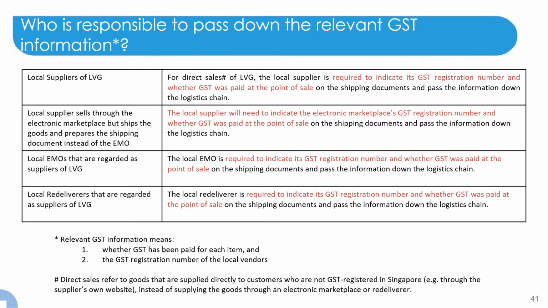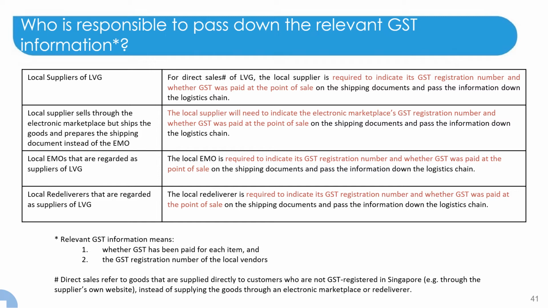A local supplier that sells through the electronic marketplace but ships the goods and prepares the shipping document instead of the EMO will need to indicate the electronic marketplace GST registration number and whether GST was paid at the point of sale on the shipping documents and pass the information down the logistics chain.